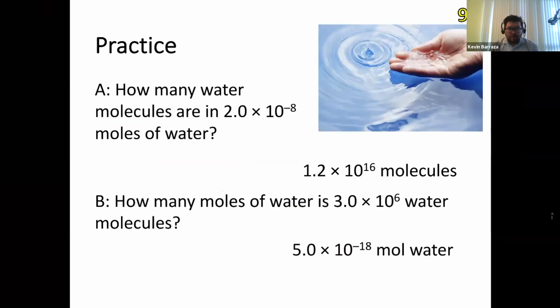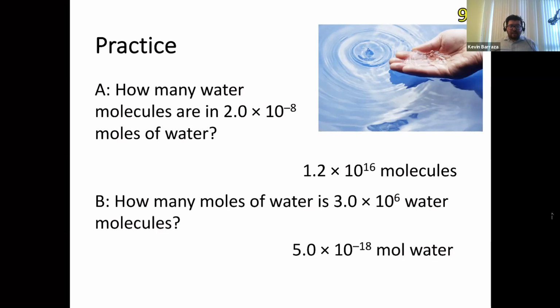So here I have a few practice problems just to use Avogadro's number in different ways, and practice the idea that even though it's brand new, we still utilize the same type of math technique that we've been doing so far. And that's going to be the conversion factor canceling method. So we can ask how many water molecules are in 2.0 times 10 to the minus 8 moles of water.